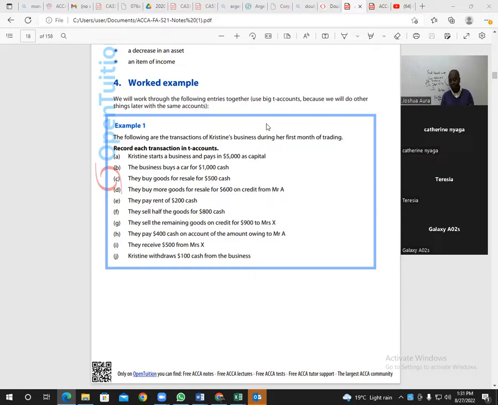It depends on where she kept the 5,000. If it's in the cash box of the business, I'll debit cash. If it is in the bank account, I will debit bank. So capital credit, cash debit.